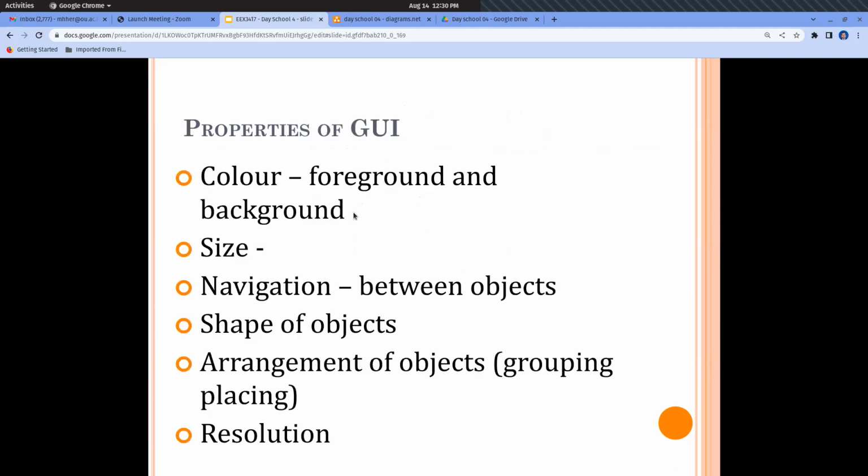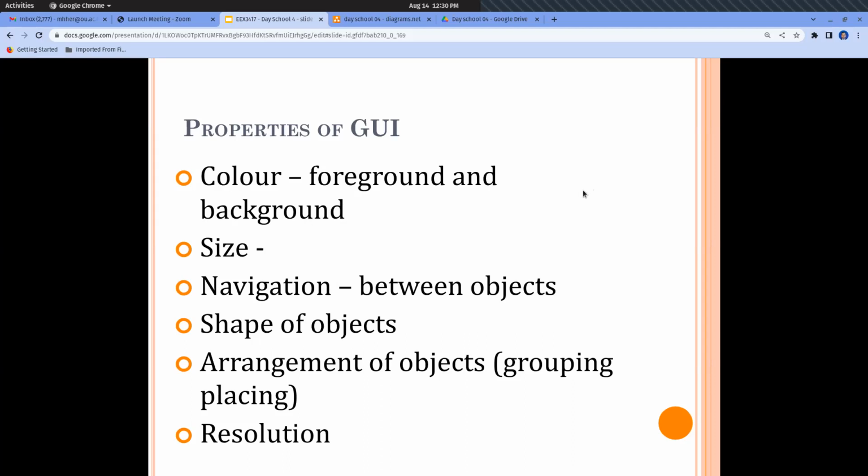Properties of the graphical user interface: when we design it, you have to consider color, foreground and background. Foreground is, in this presentation, the color of the characters, which is black. The color of the background is white.